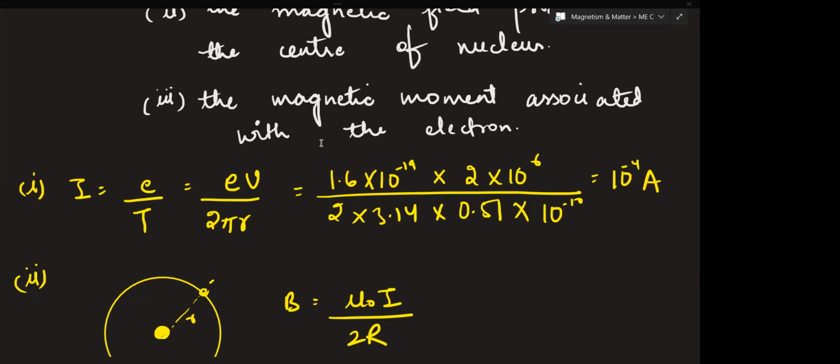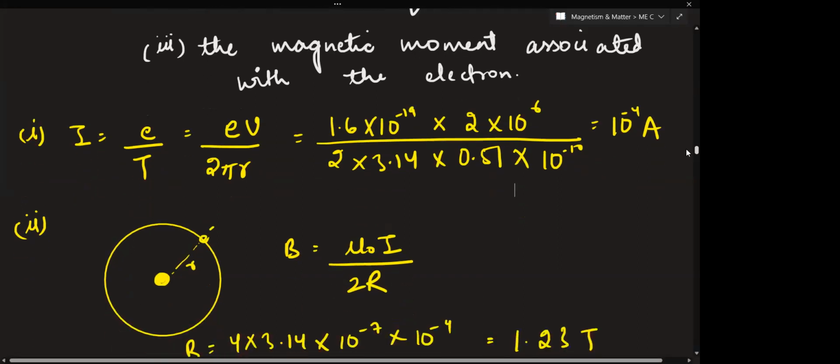Dipole moment we had done. Magnetic moment, magnetism. Sarah? Anyone else who remembers this formula for magnetic moment? Yes, right. It is current multiplied by the area.